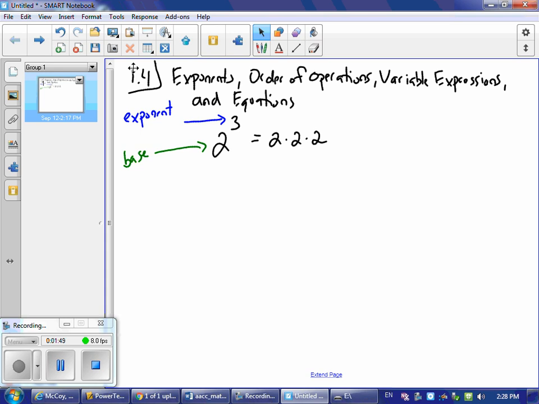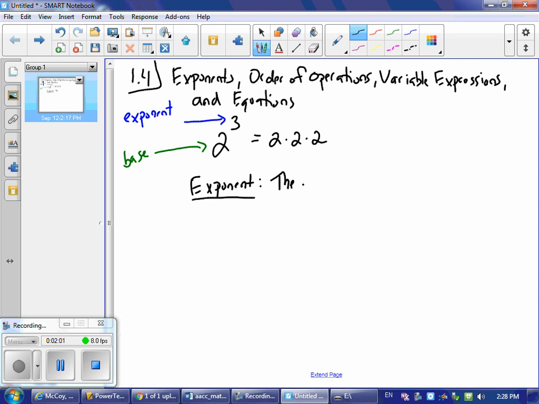What an exponent actually is, it's a shorthand notation for the number of factors of the base. Basically, if we were to write out the base as a multiplier by itself, it would be multiplied times itself 3 times in this case.